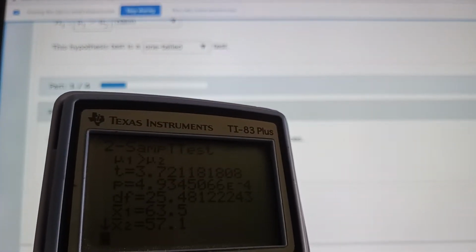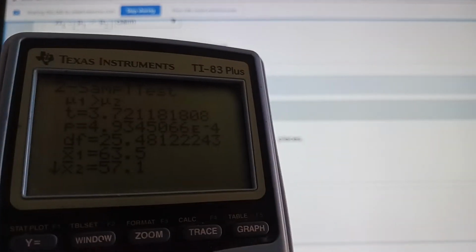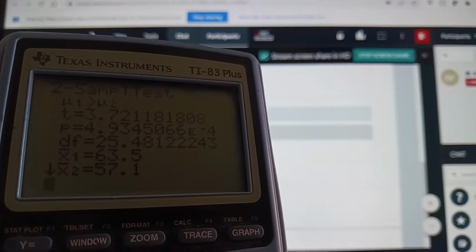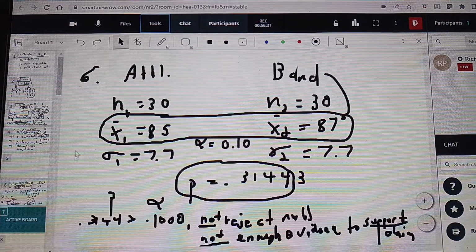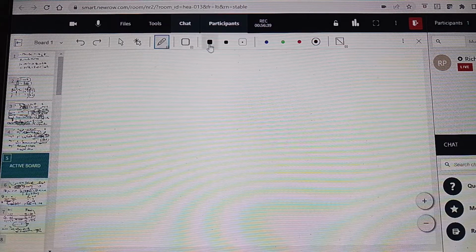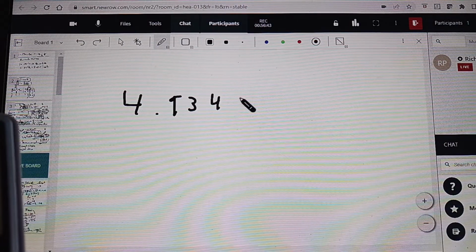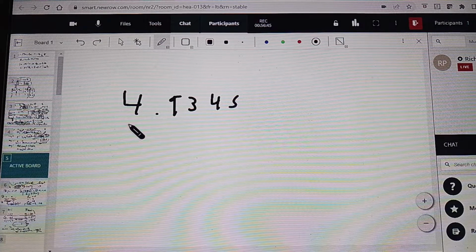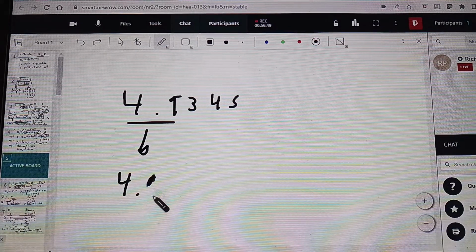The p-value is, now be careful about this. I think I got one of these by accident one time, or maybe it was actually legitimate. My p-value says 4.9345, and somebody's going to see this on their test and go, okay, 4.9 is the p-value.